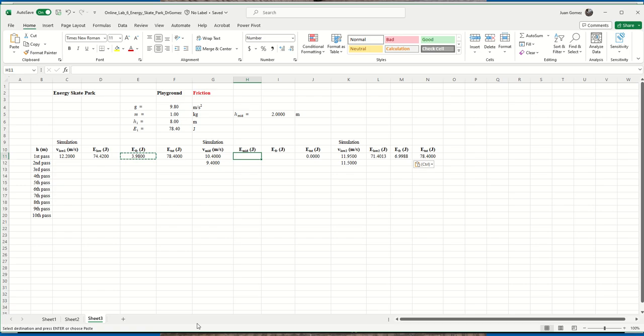Well, we've got to type that formula in. So I'm going to type it in right here. It's going to be equals, left parenthesis, 1/2 times, remember the mass is $F$5, yup, see, 1 kilogram, okay, so that's 1/2 m v squared, so do times, then parentheses, the v is in G11, bracket squared.